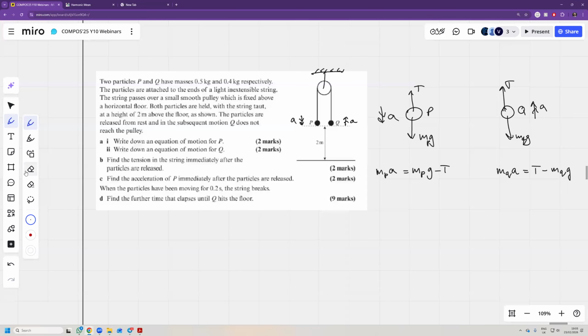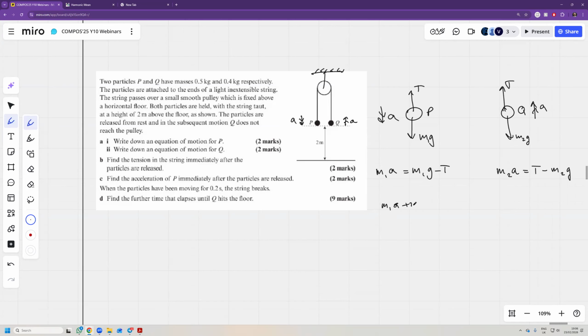Right. I really don't like M_P and M_Q. I'm going to change it to M1 and M2. And we're done: the equation of motion of P, the equation of motion of Q. Find the tension in the string immediately after the particles are released, so we need T. Well, we definitely need to find acceleration first, so we add the two.